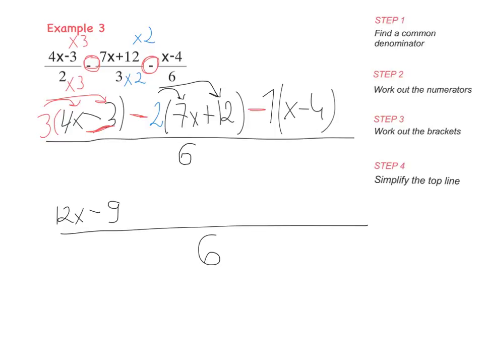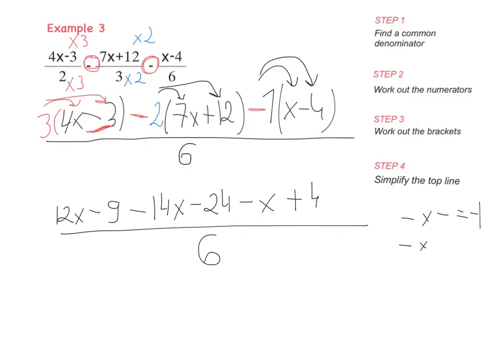So minus 14x and minus 24, and then we have minus 1 by x and minus 1 by minus 4. So it's minus x or minus 1x and plus 4. So remember, minus multiplied by minus gives you plus. Minus multiplied by plus gives you minus.